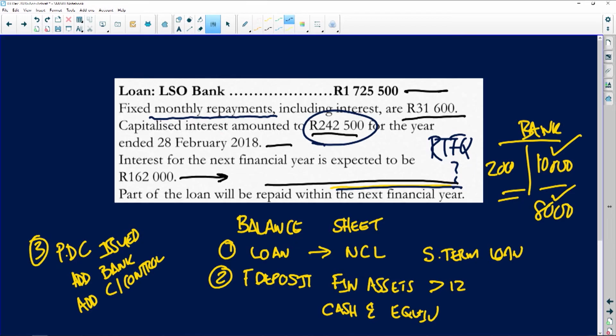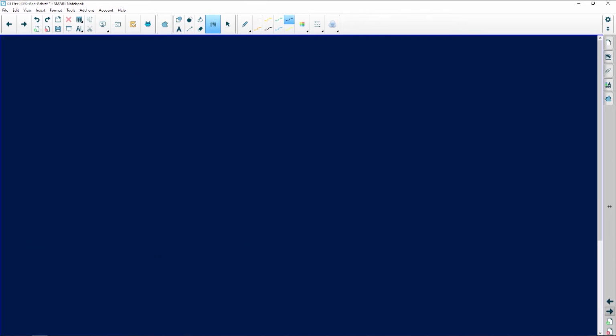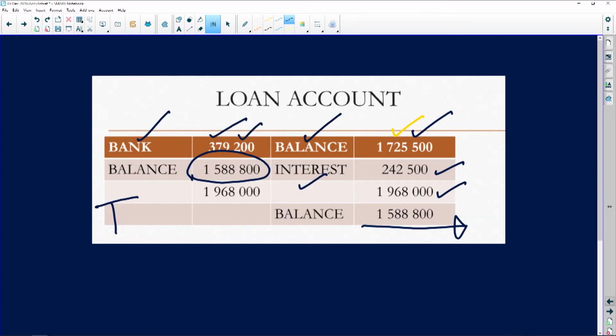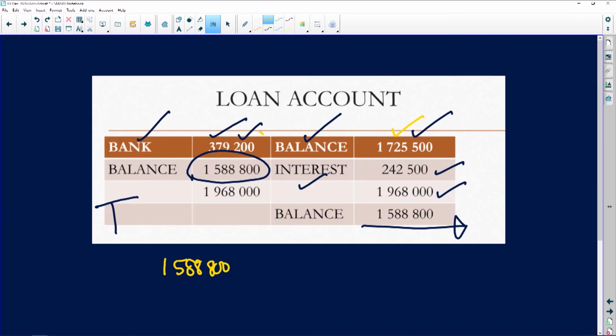Let's write it down so we have it. Right? It's a 1,588,800. Okay? In terms of my calculation, right? And I know that the total cash repayment is the 379,200, but of that, what am I paying in interest?